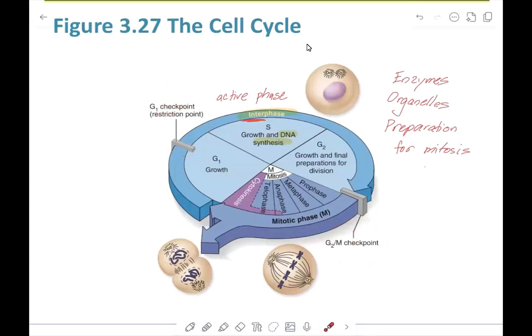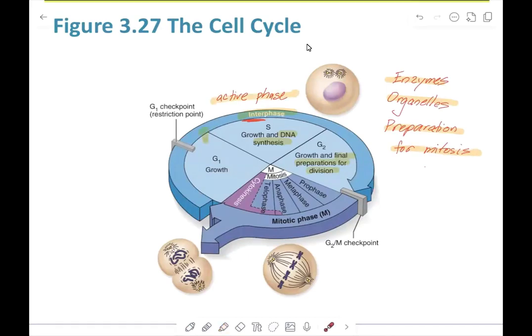You don't need to know the checkpoints, but what they are is basically a time frame when the cell can double check to make sure that these things have occurred properly. If they haven't occurred properly, then the cell destroys itself. Also, you don't need to know these specific names like G1, S, and G2, but you should know that DNA synthesis happens during interphase, final preparations happen, and these events occur as well.